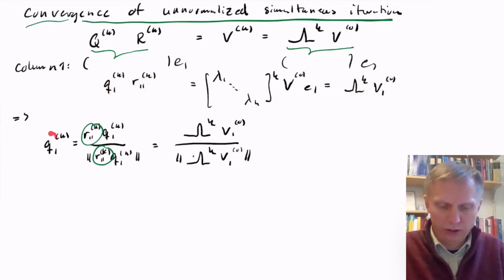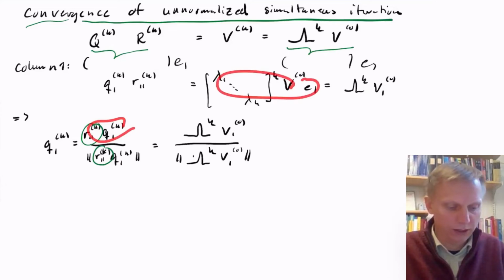We want to study the convergence of the first column here. So let's look at this column and use that it's normalized, so we can divide by itself. In order to get this expression, we also extend the numerator and denominator with R11. Now we can directly insert this expression in the numerator and the denominator.